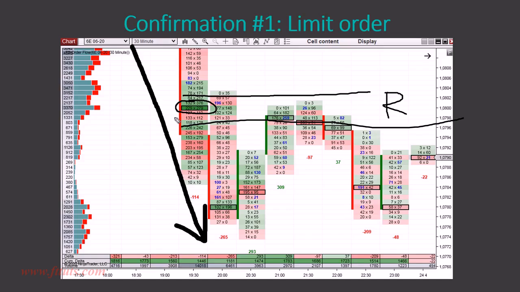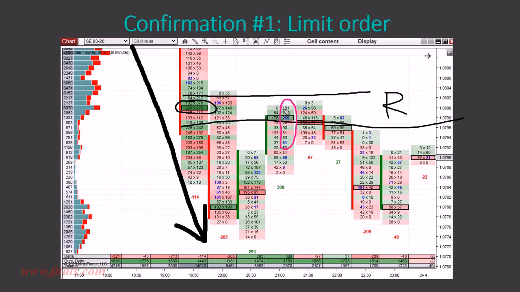I'm not saying that this is the best resistance area, but for educational purposes, let's say that this is a resistance area which you want to go short from if you see a confirmation, if you see a big selling limit order.